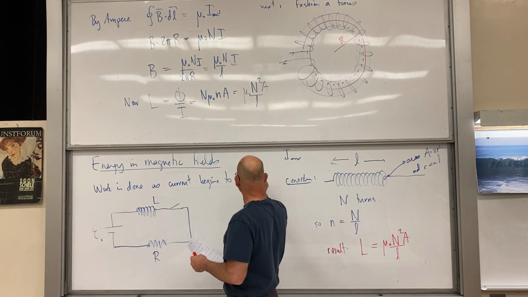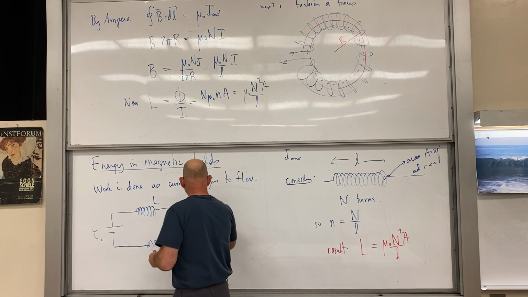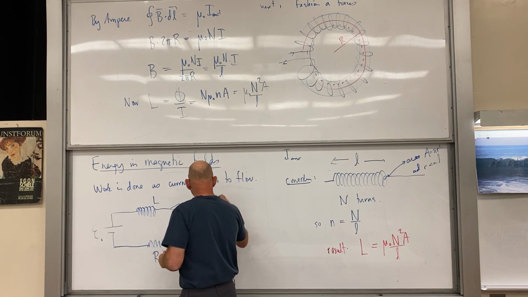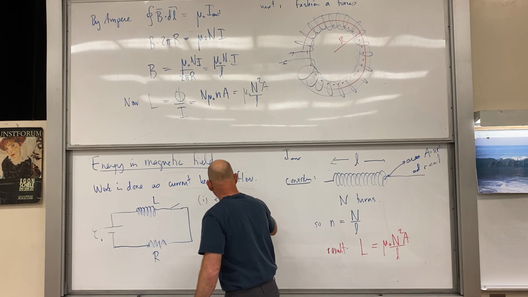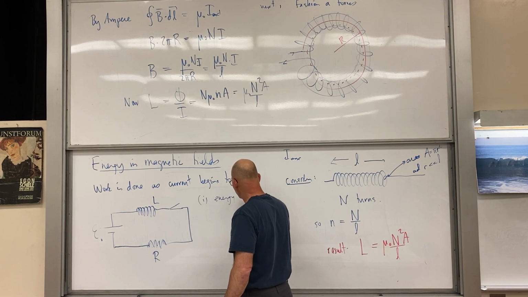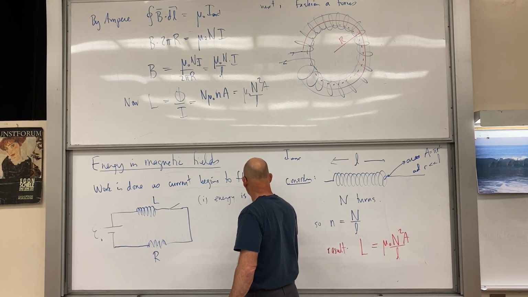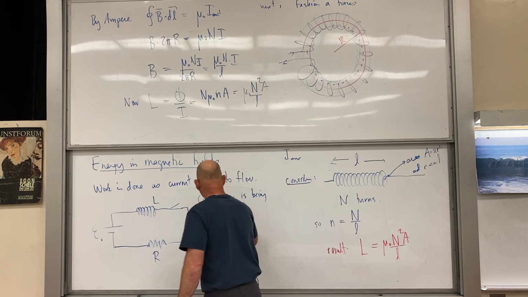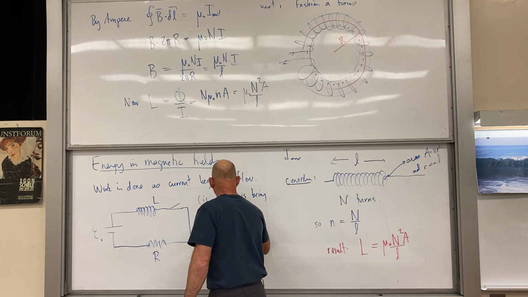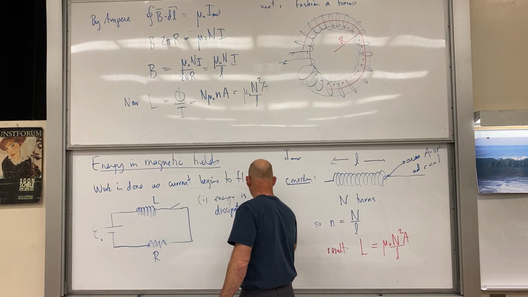So work's being done as current flows. The first kind is that energy is being dissipated, and that's in our resistor.